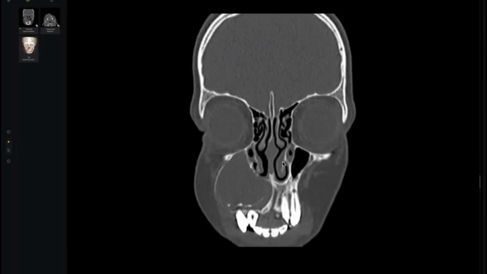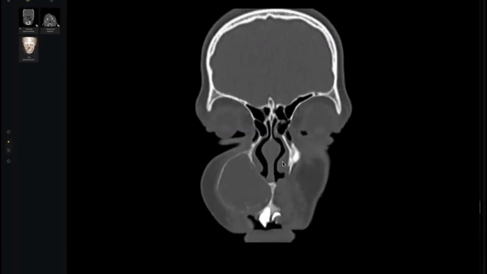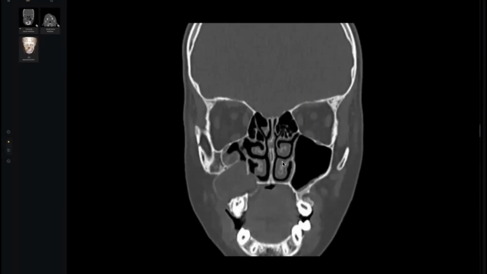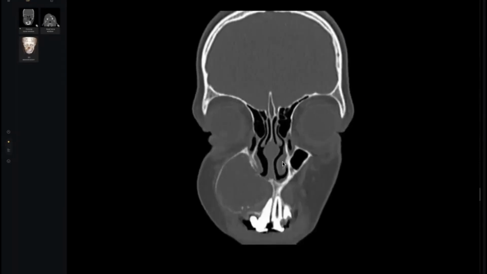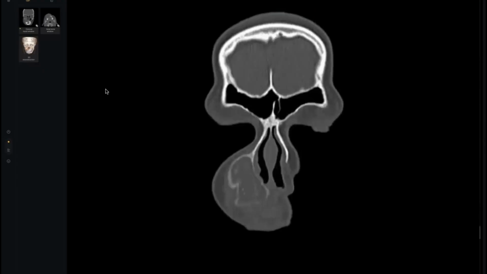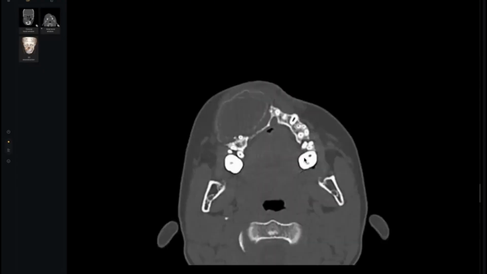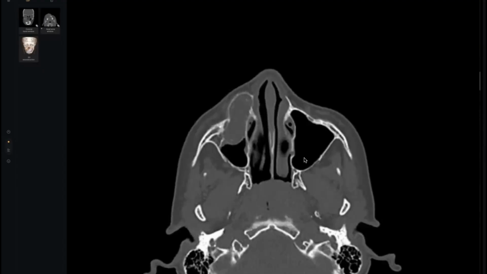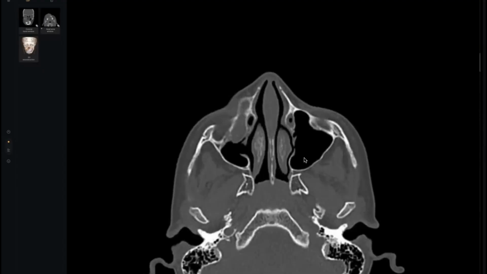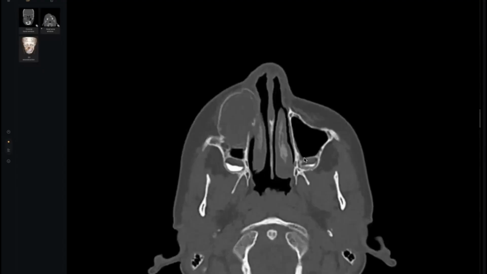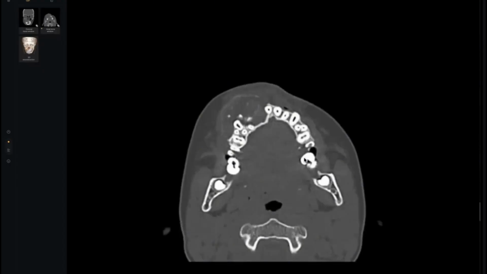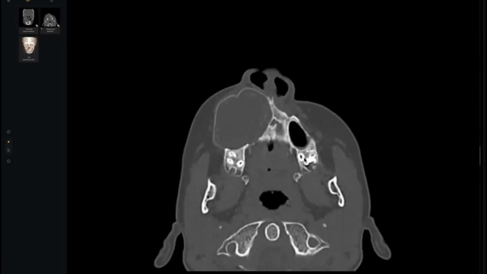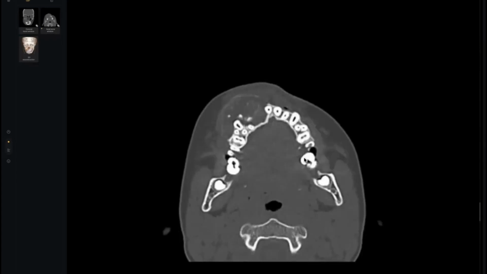So, an adult patient. In the axial view, the maxillary sinus on the right side appears compressed by a mass in the right maxilla.